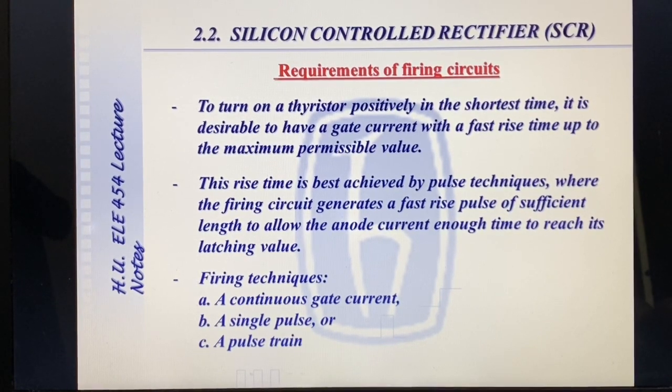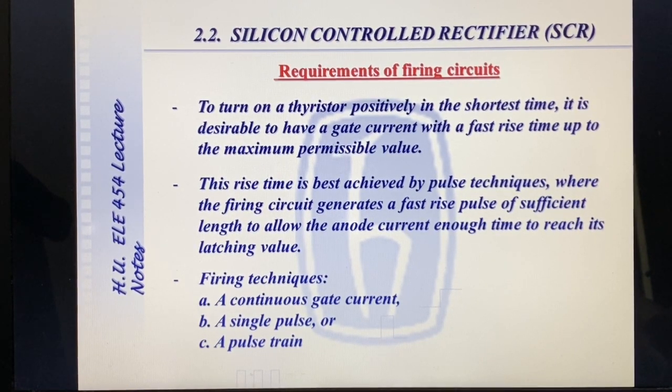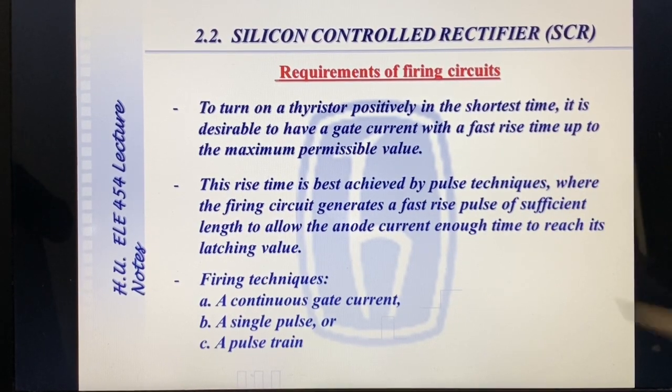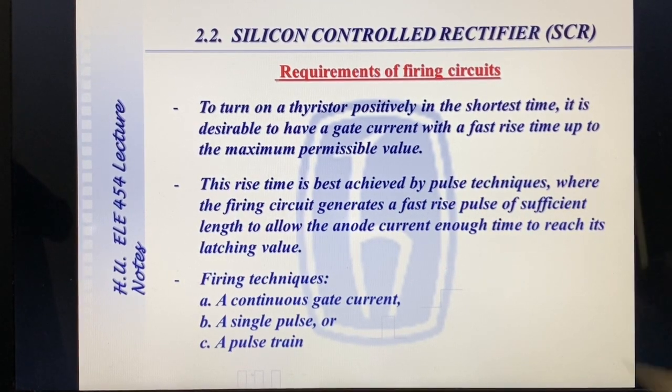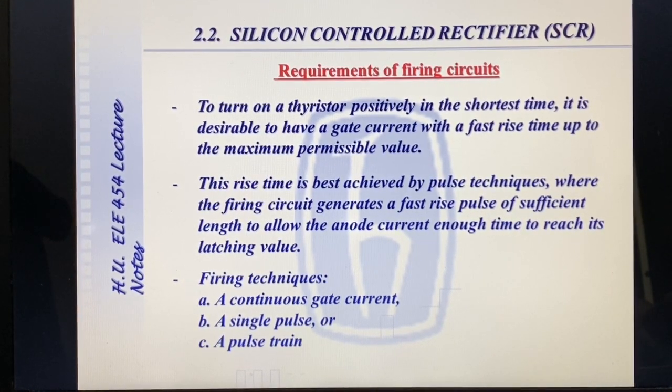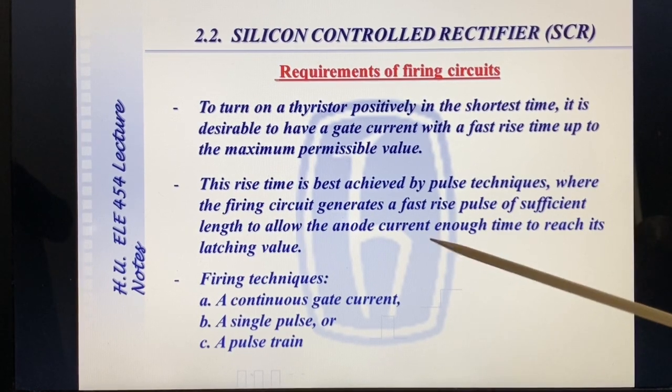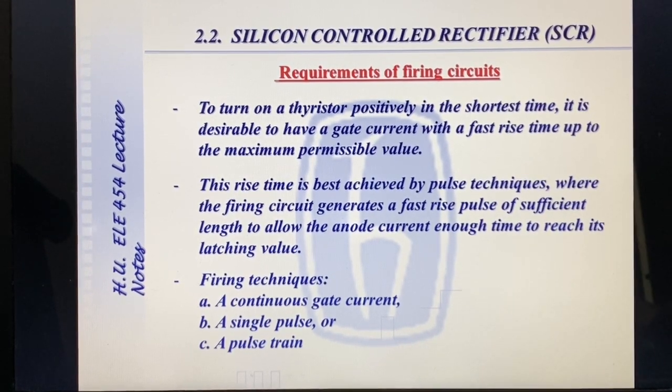What about the requirements of firing circuits? To turn on a thyristor in the shortest time, it is desirable to have a gate current with a fast rise time up to the maximum permissible value. This rise time is best achieved by pulse techniques, where the firing circuit generates a fast rise pulse of sufficient length to allow the anode current enough time to reach the latching value.